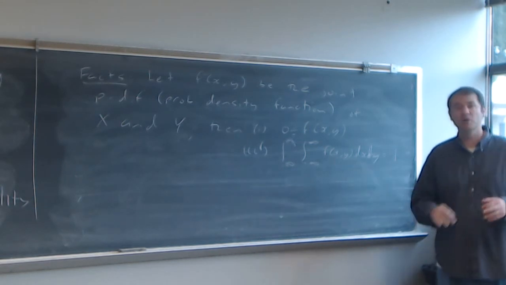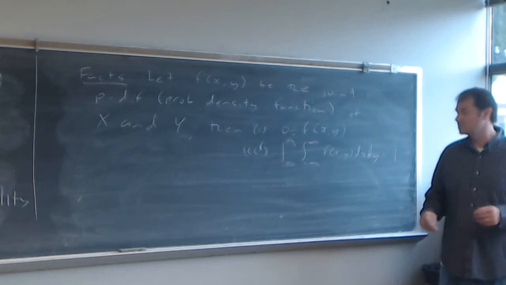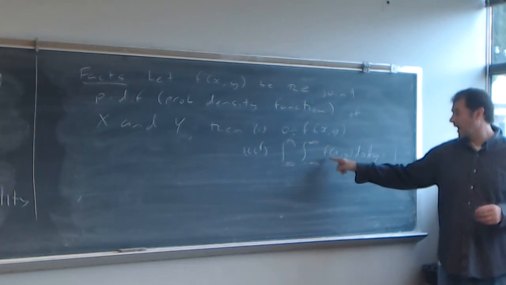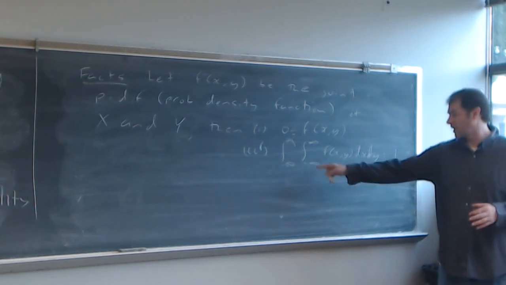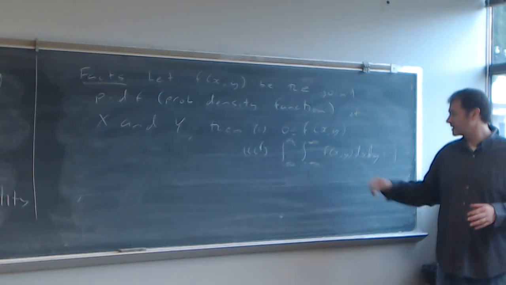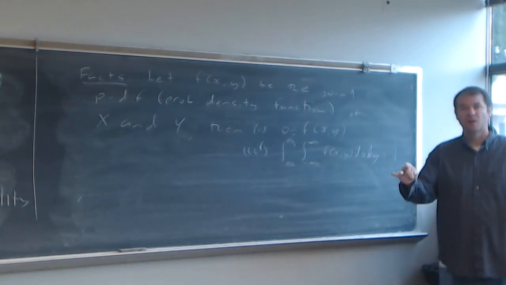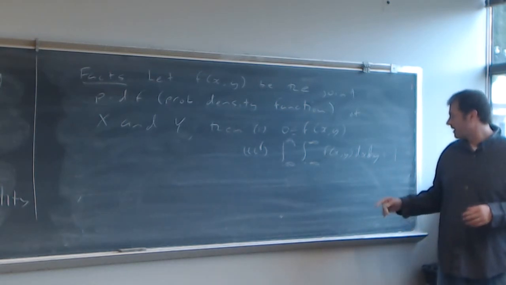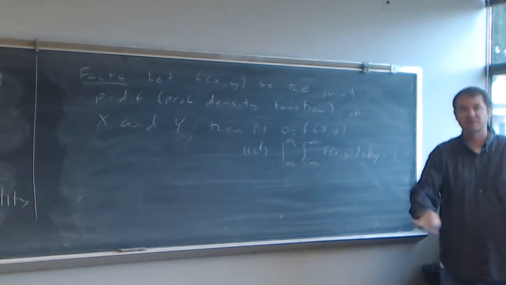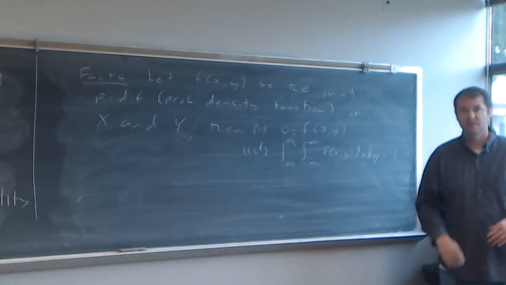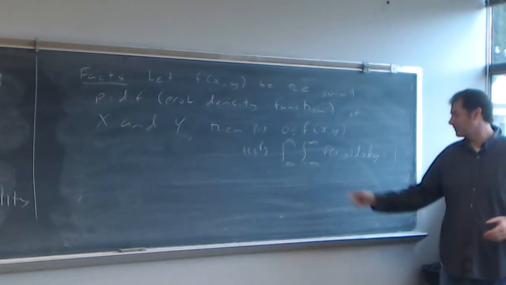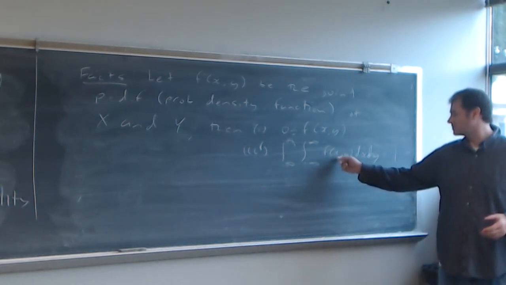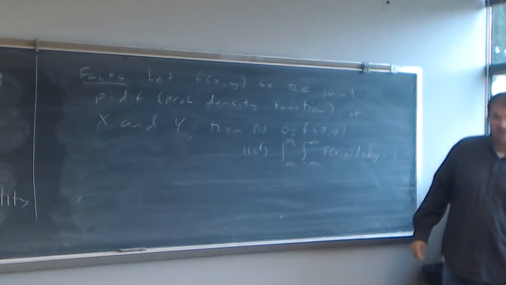And what we're saying is the volume of that object that's formed between that surface and the xy plane is equal to 1. That's what this says.